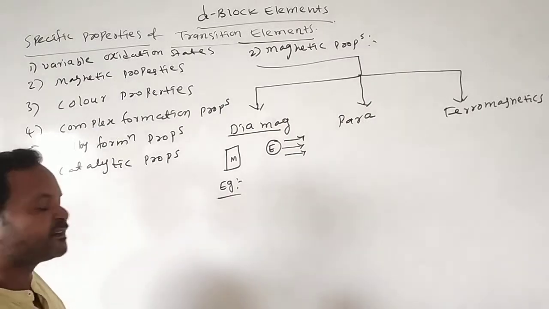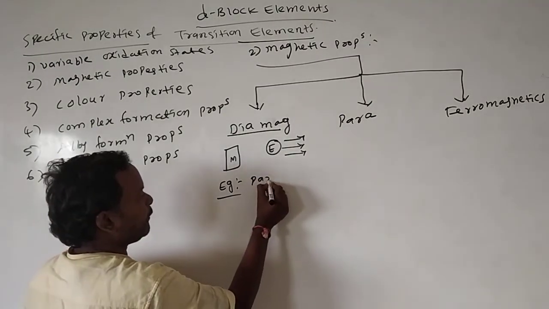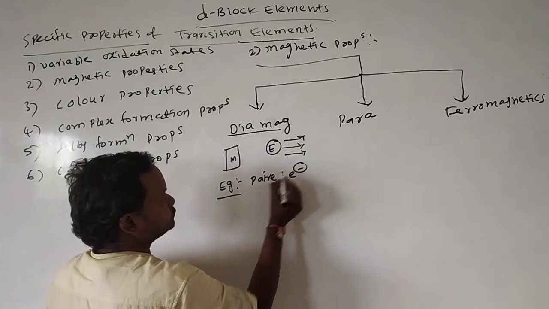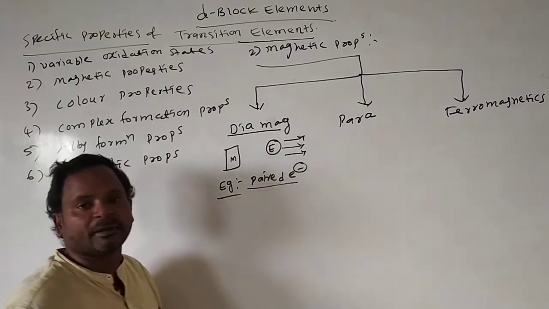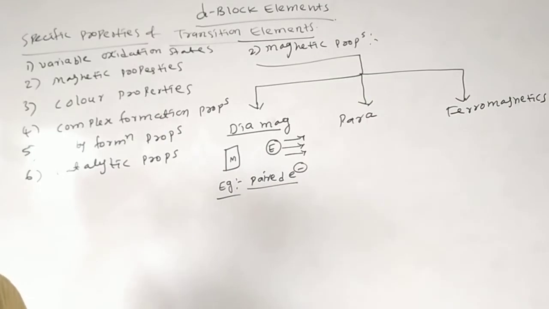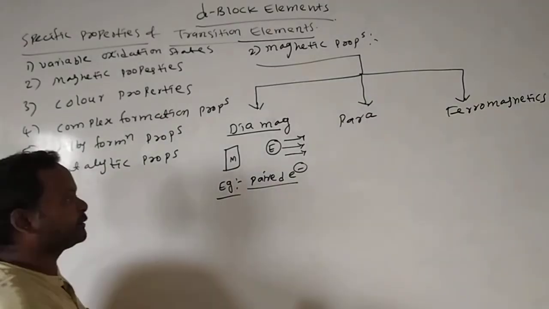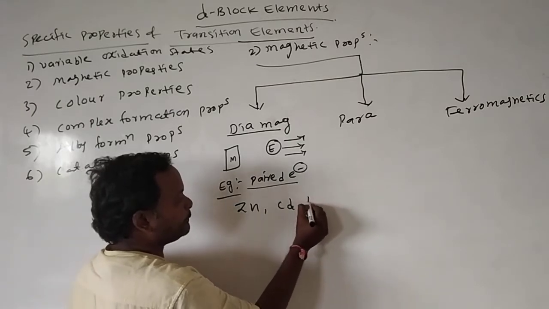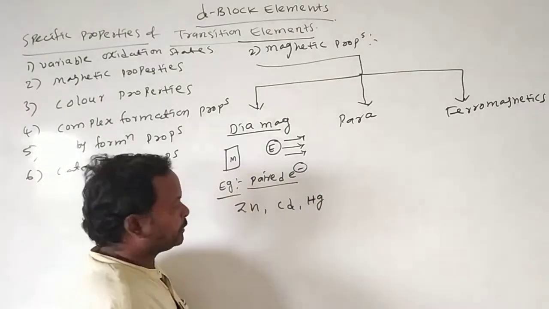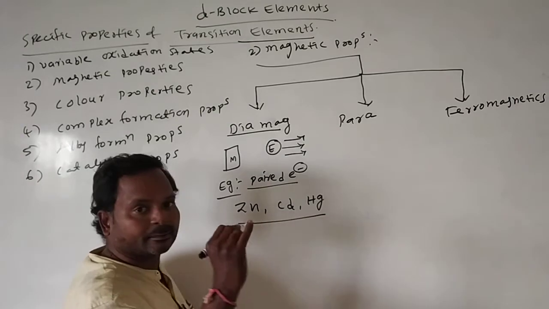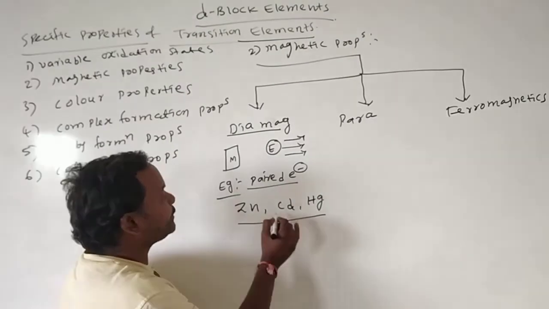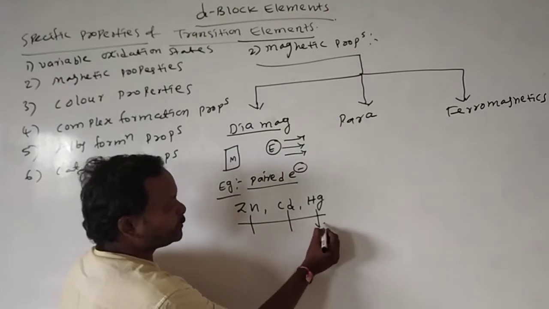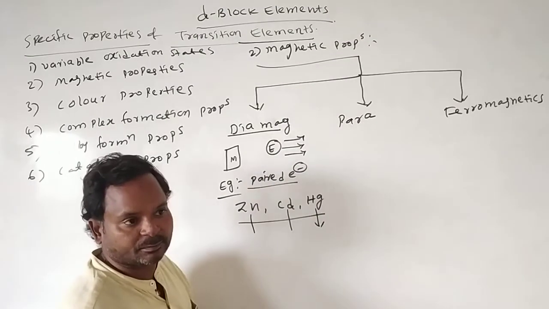The molecules which have paired electrons all exhibit diamagnetism. Suppose zinc, cadmium, mercury. All these in normal form exhibit diamagnetism. Why? Because all these contain completely filled orbitals.